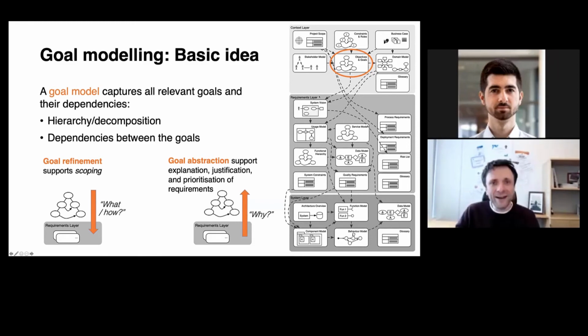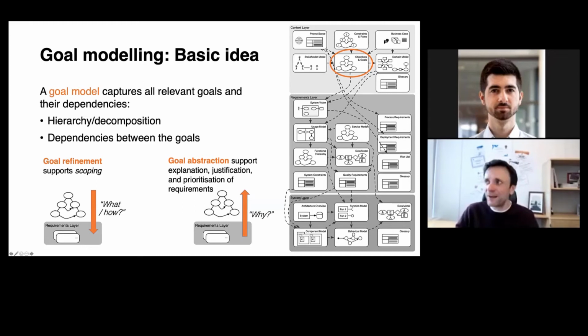Now, why even bother with goal modeling? There's one thing that is quite important, and this brings us to the dependencies between the goals. So typically what we are interested in is understanding the relevance of the goals and how these are interrelated with each other. There are essentially two types of dependencies between goals. One is a more positive dependency.